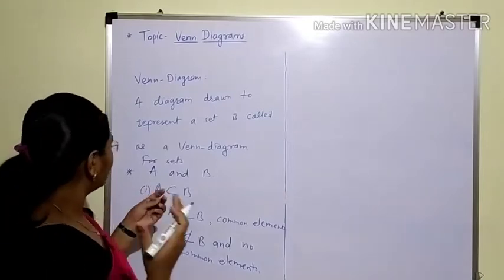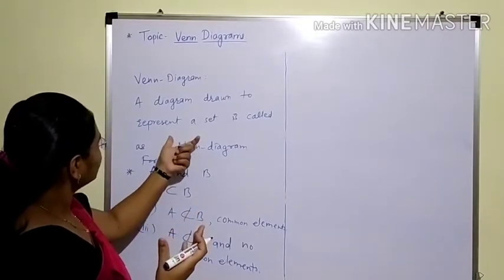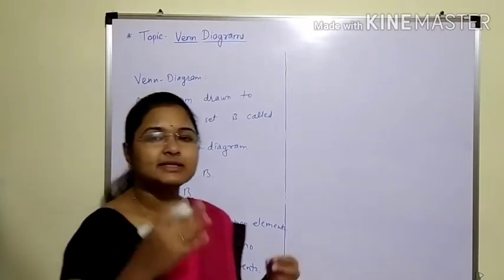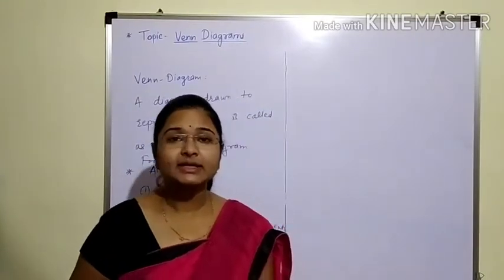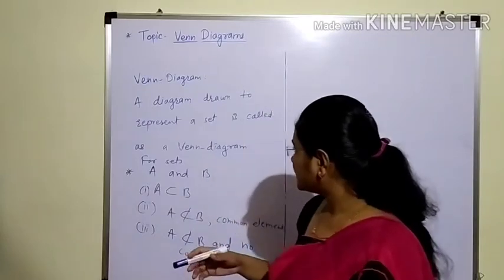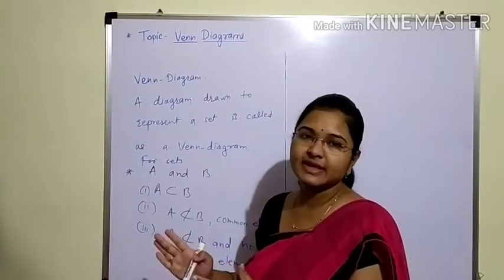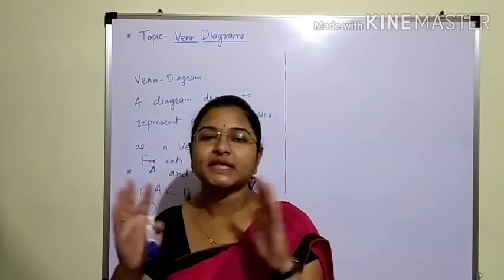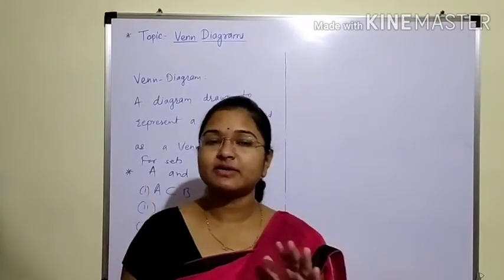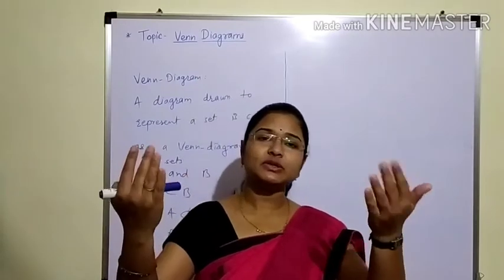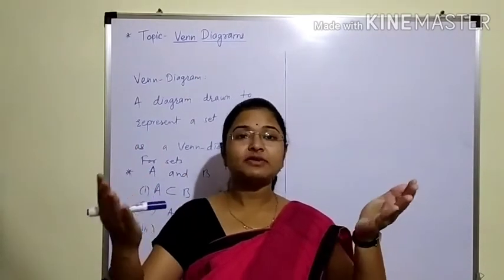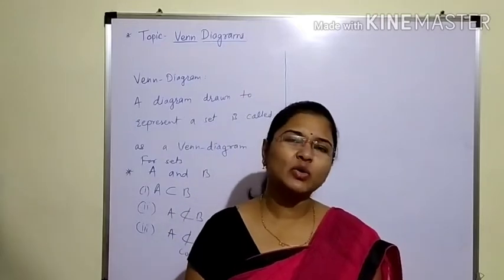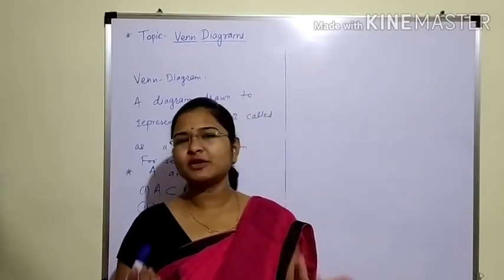So if for both the sets A and B we consider set U as a universal set, then while representing the universal set and all its subsets, we will use a rectangle for representing the universal set, and the sets which are included in the universal set will be shown by any closed curve, or simply we can use circles.